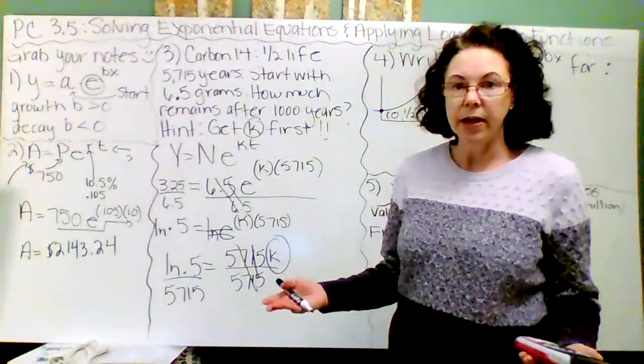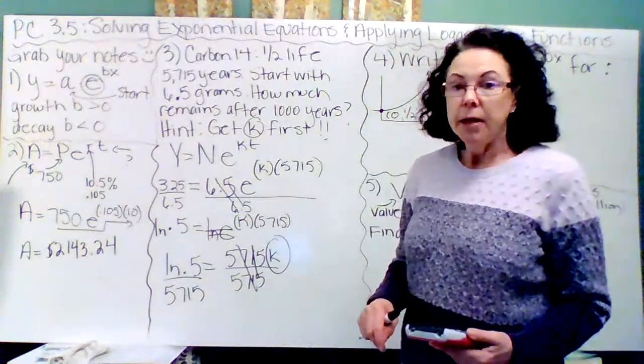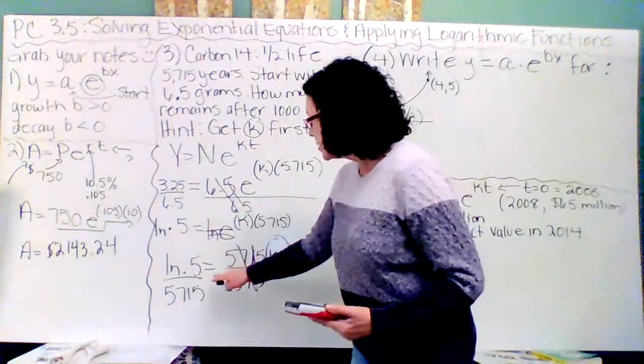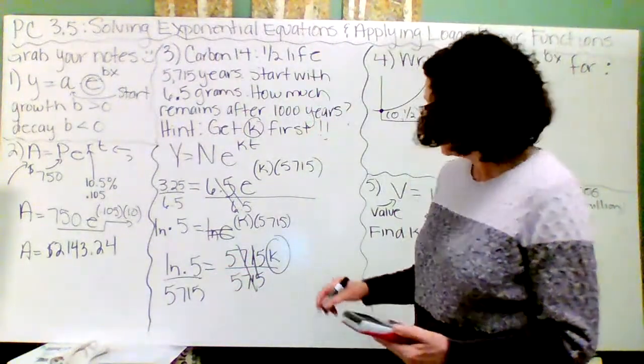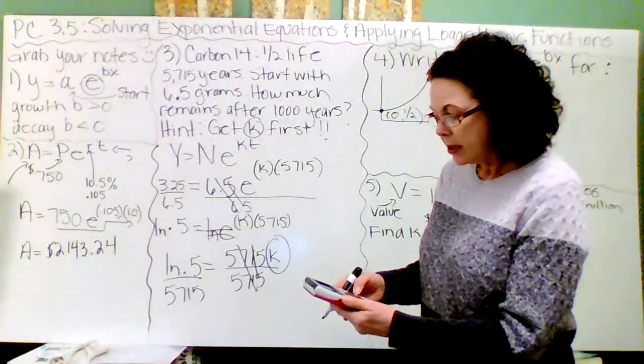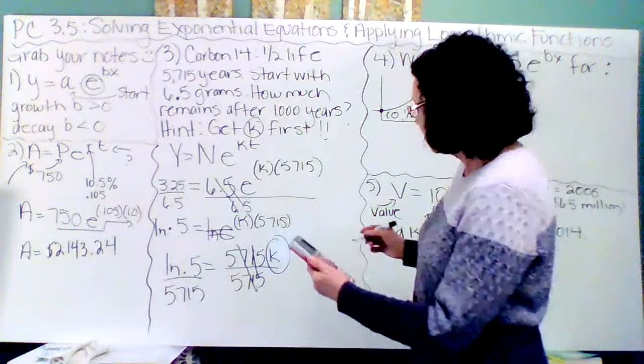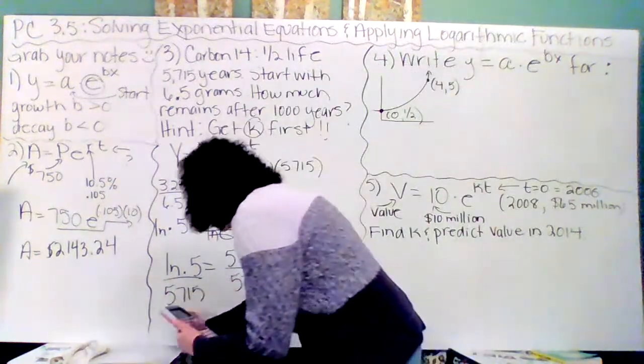Because it's half-life. Won't you always be dividing by the years that you've been given? Now notice this is going to be a very small number. So let's get this on the calculator. The natural log of 0.5 divided by 5,715. This is a very small number. Here's what my calculator gave me.